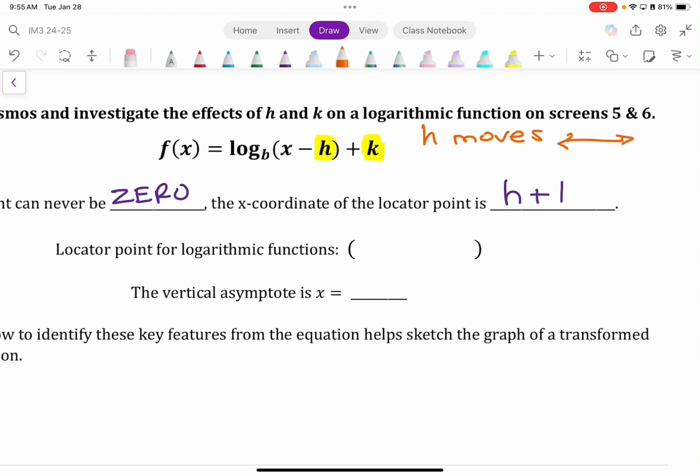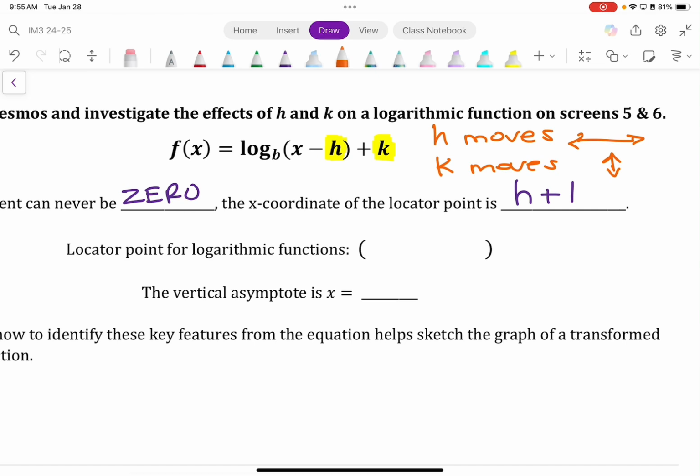So K moves up and down. All right. So the locator point for transformed logarithmic functions will be H plus 1, comma K. The vertical asymptote will be x equals H. That's what it will be.